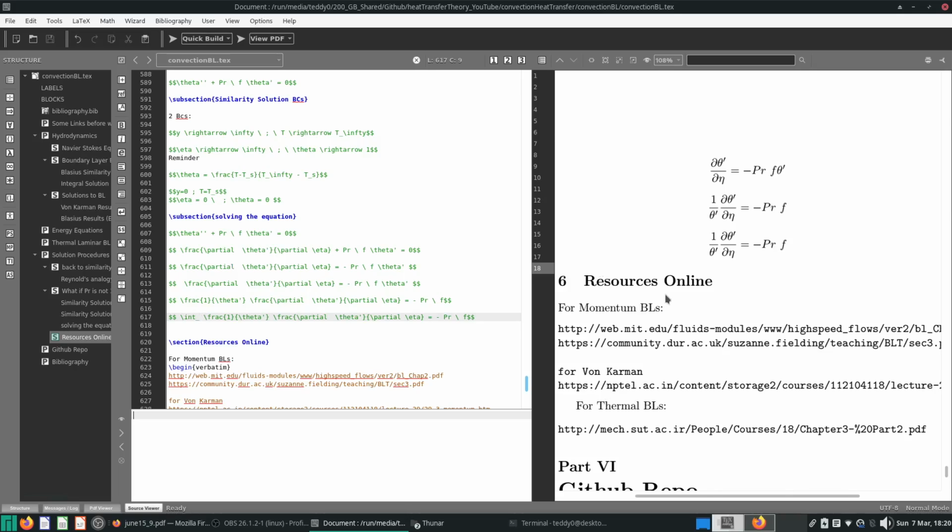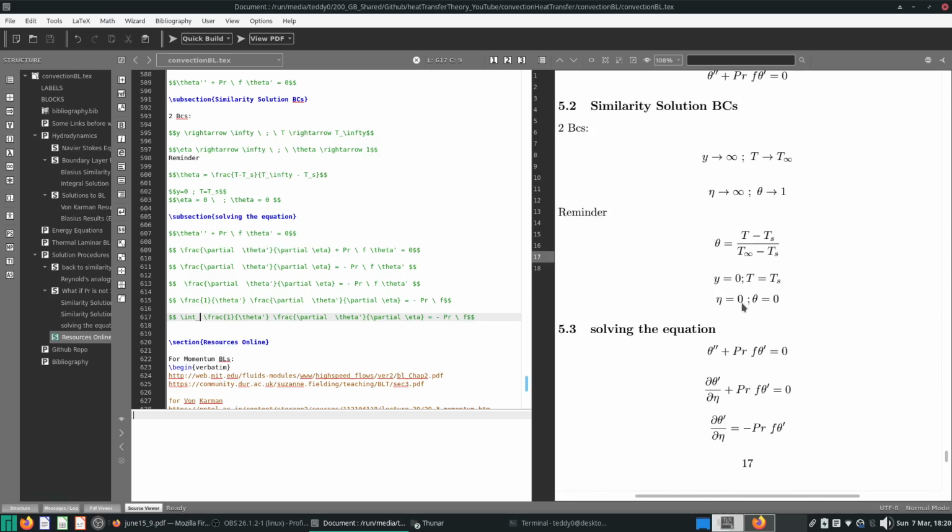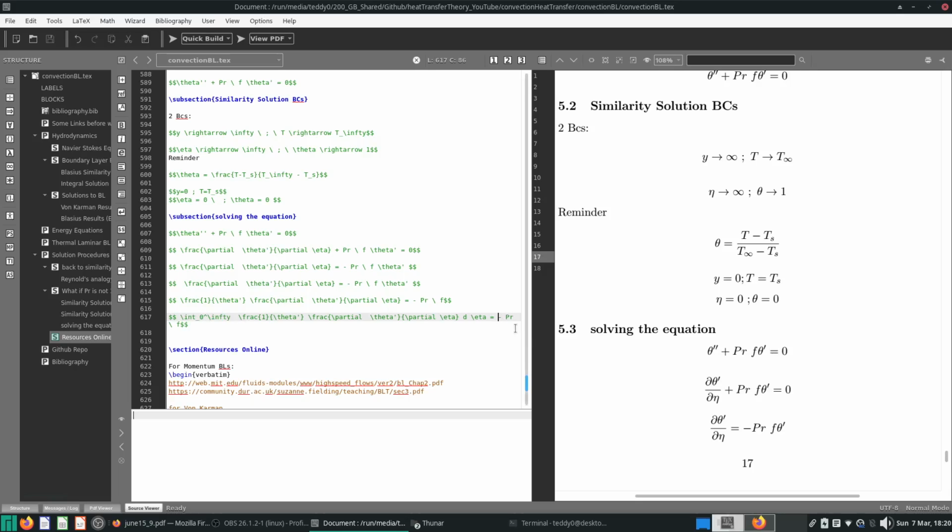So where do we integrate eta from? We integrate over the whole domain from 0 to infinity. And we'll do the same thing for the other side. So we have Pr and f, and d eta.